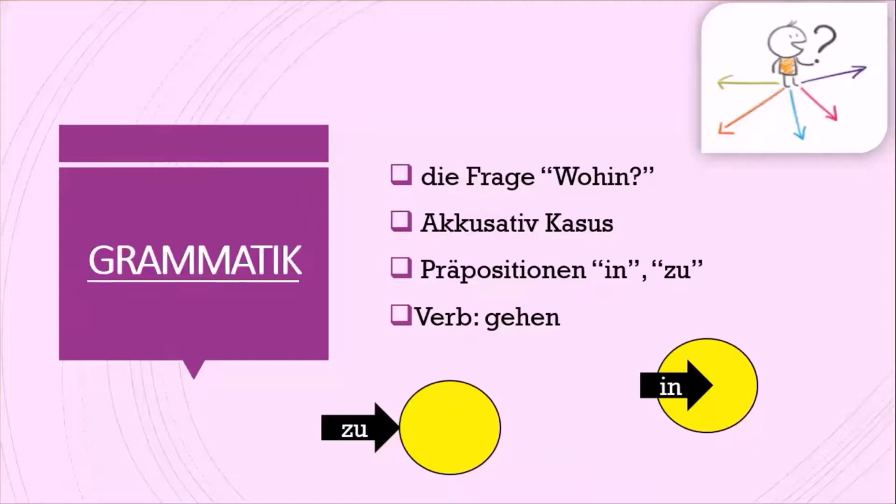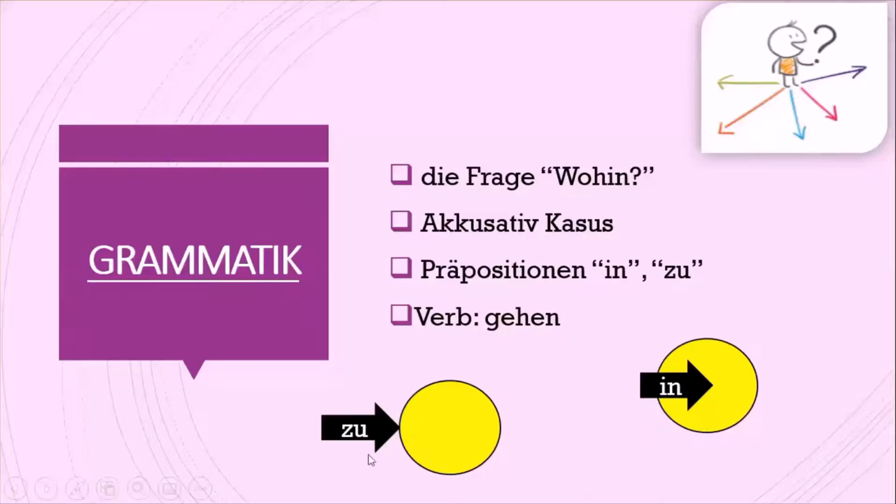Confused how the German in preposition can mean in and to at the same time? This I will be showing you a bit later in this tutorial. Then the zu preposition in German is only used to mean the English to preposition, never the in.